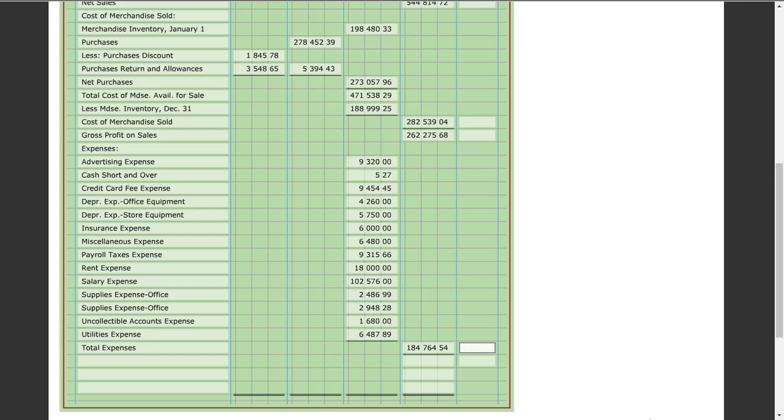Once you have your total expenses, you just have 3 more lines to finish up. The first thing that we have after your total expenses is you're going to subtract your expenses from your gross profit. And that is going to be your net income before federal income tax, which is probably what kicked your butt on the test yesterday.